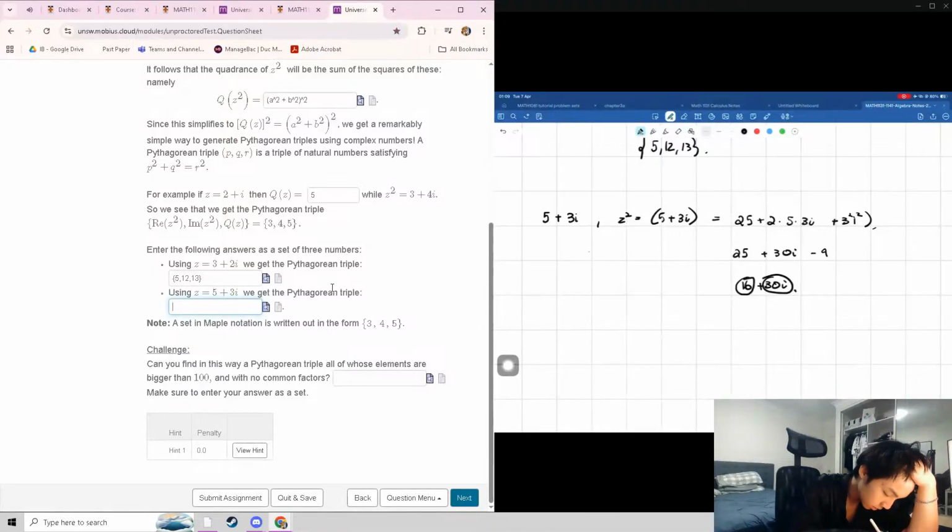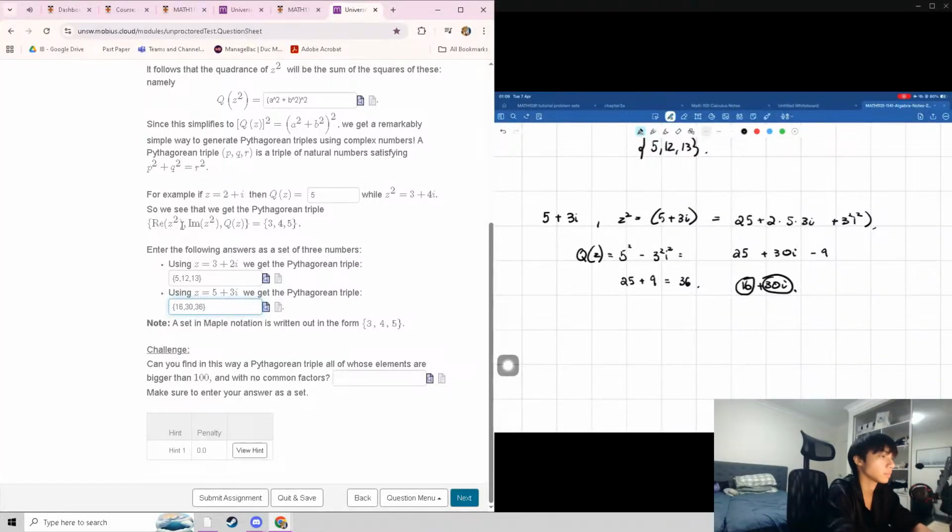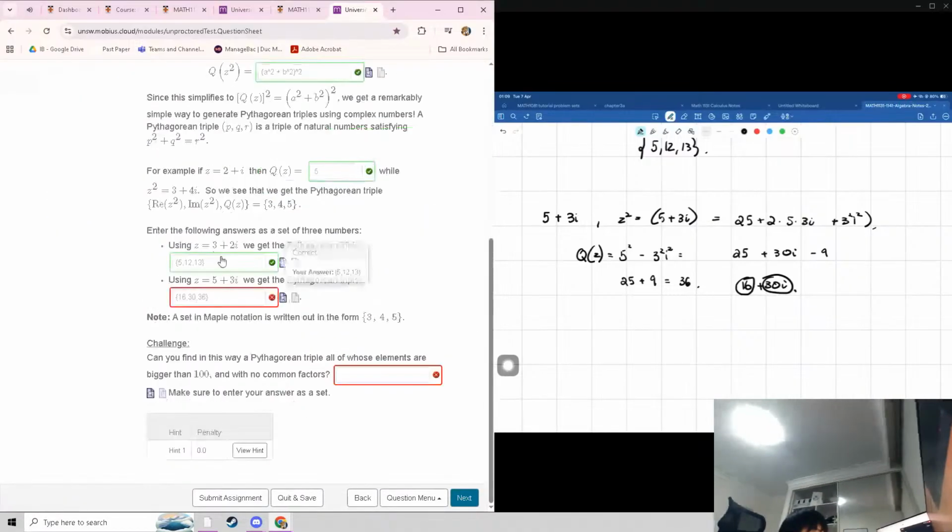And the quadrant q of z is 5 squared minus 3 squared i squared, 25 plus 9. 34.